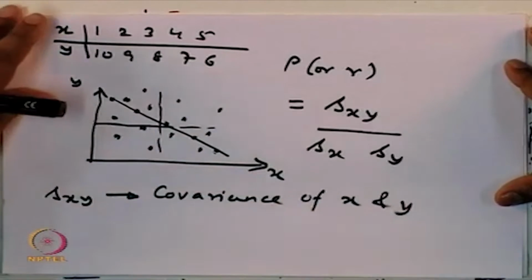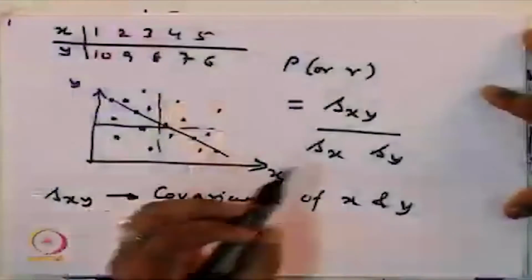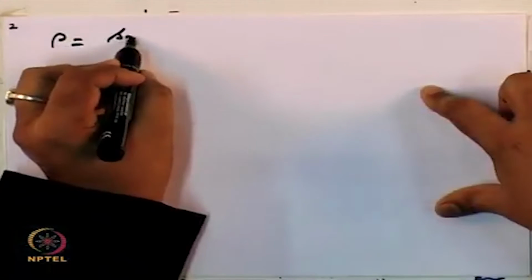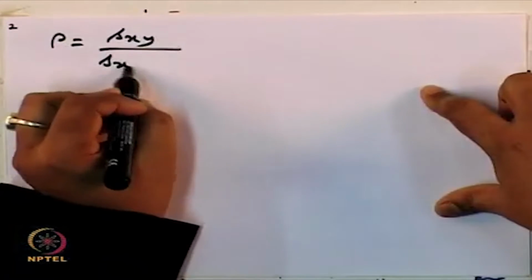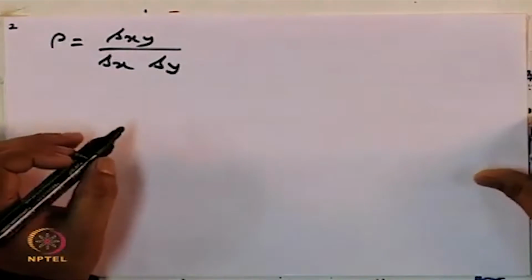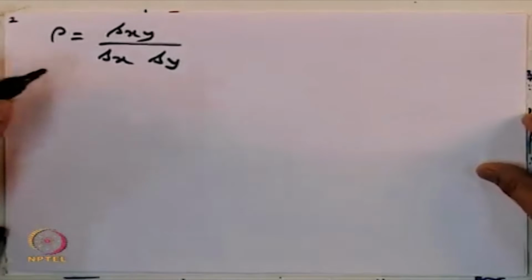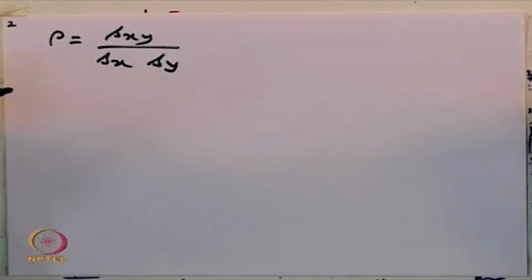So, if you see the symmetry, we have R or rho defined as Sxy by the product of Sx and Sy. Now, rho is a measure of correlation, right.